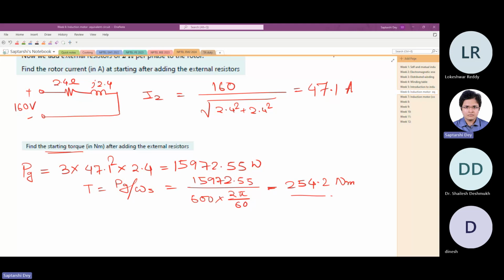Some more thing we can do a little bit just to get an idea of the power factor. What happens to the power factor?